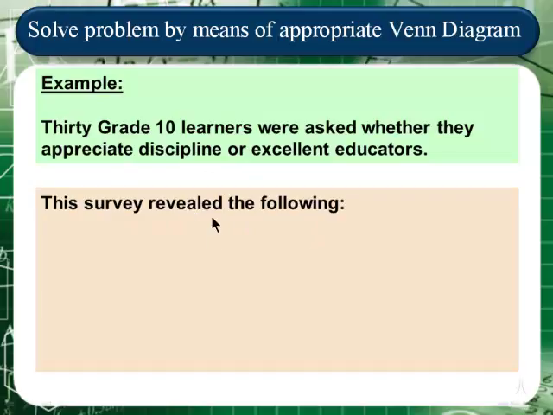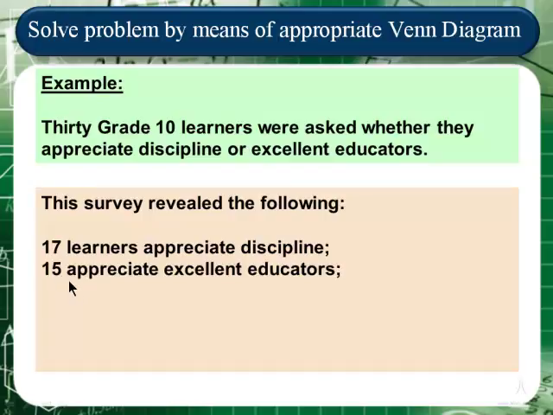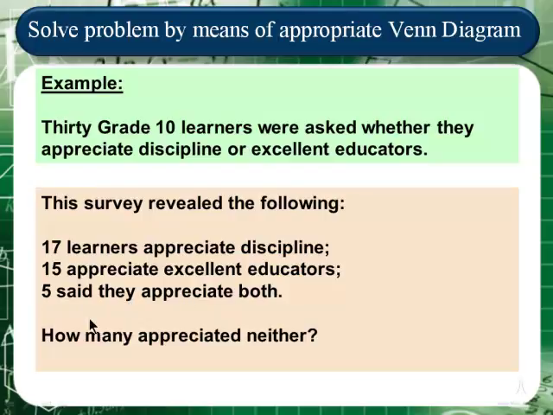The survey revealed the following. 17 learners appreciate discipline. 15 appreciate excellent educators, while 5 said they appreciate both. The question is, how many appreciate neither? Now, this reasonably complicated problem can easily be solved by means of an appropriate Venn diagram.